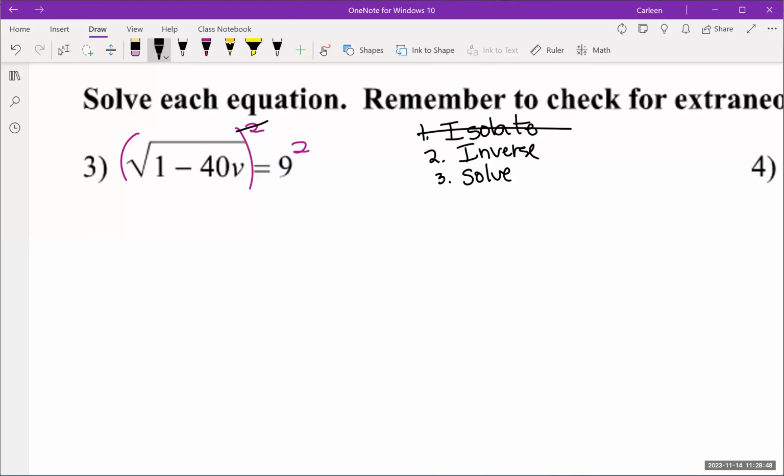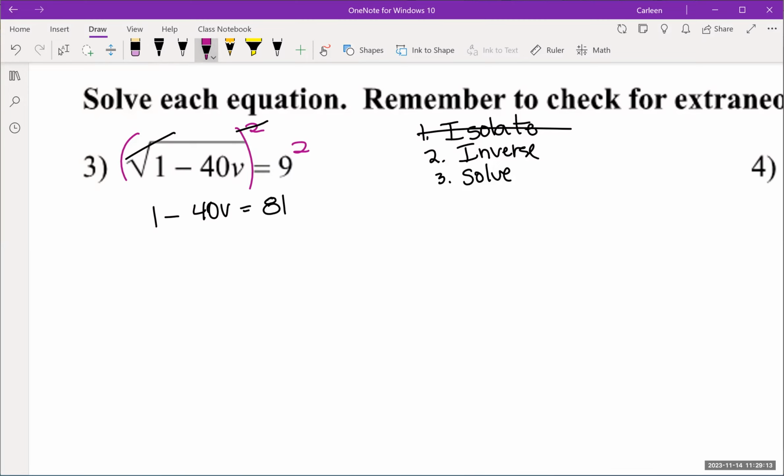Okay, squared is the inverse of square root. So 1 minus 40v comes out. And we get 81. Square root has 1 answer. Squared and absolute value have 2 answers.